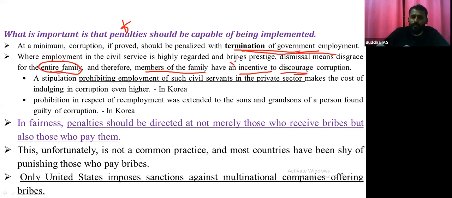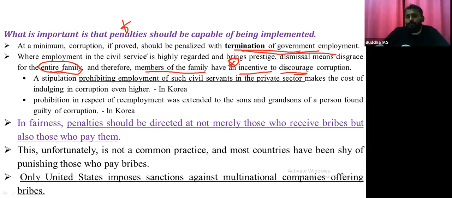This is very important. At the end of the day, we live in society, we live in family, where we act as one. When the family is not incentivizing you or not withholding you from involving in corruption, the chances are high that you will involve in corruption.